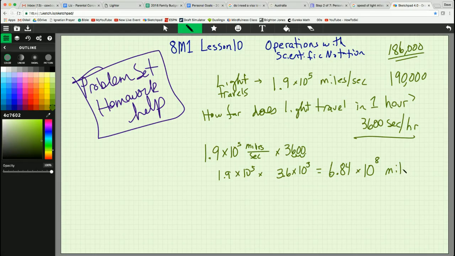So 6.84 times 10 to the 8th miles. And are we done? Yes, we are done, because this is in scientific notation. So sometimes when you do your multiplication, you end up with a very nice number that is in scientific notation. But let's just figure out how far that is. That's 684,000,000.